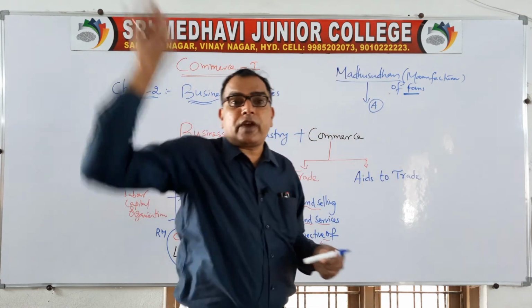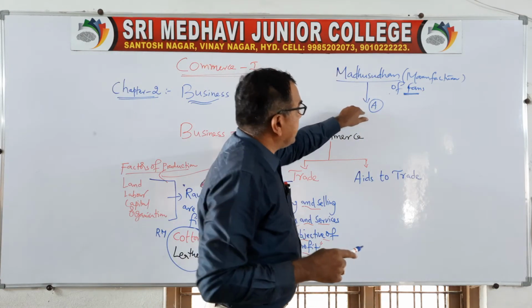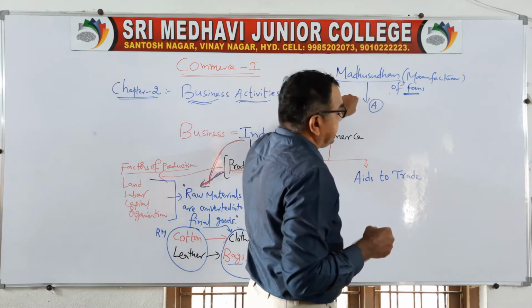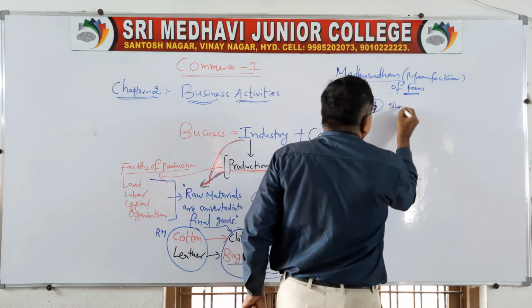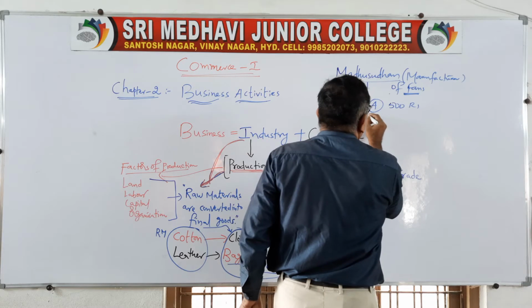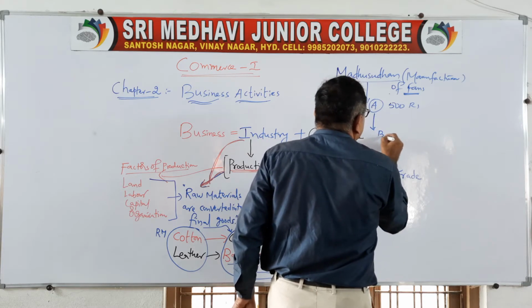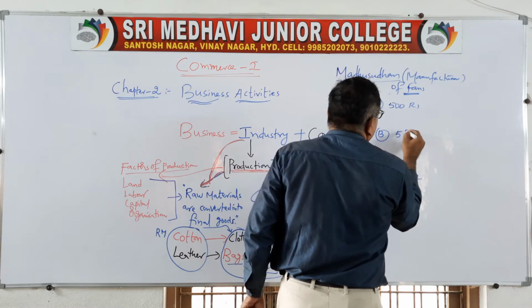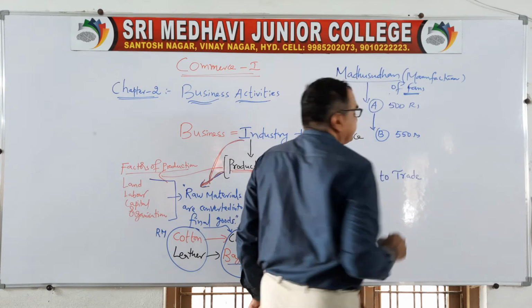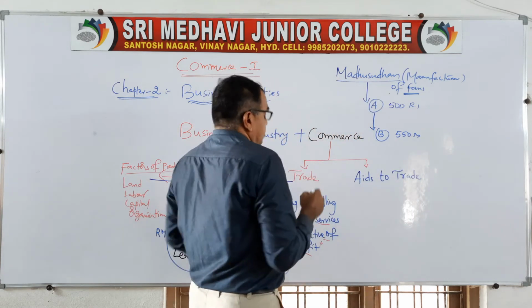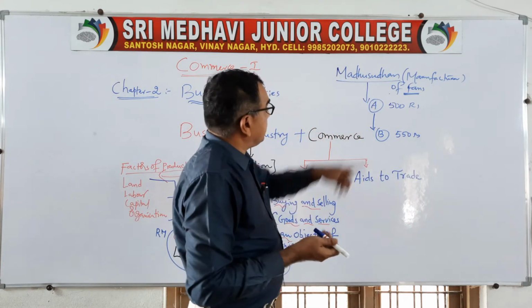I am manufacturing a fan. So Mr. A will buy these fans from me, say for 500 rupees, and he will sell it to Mr. B for 550 rupees. So try to understand the example.